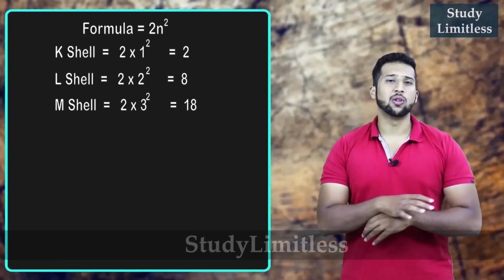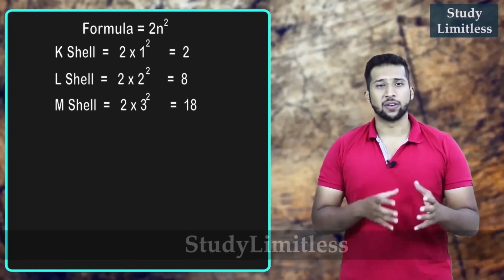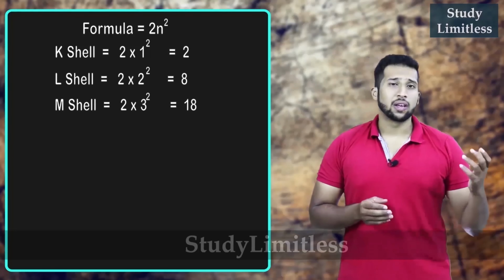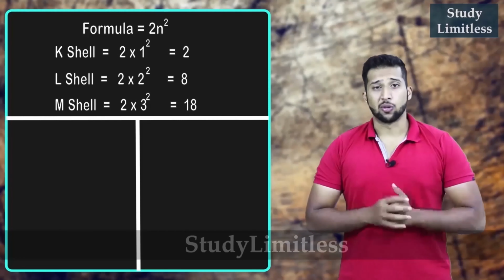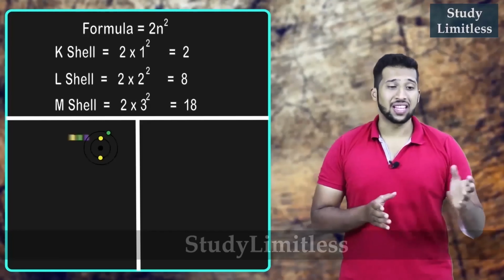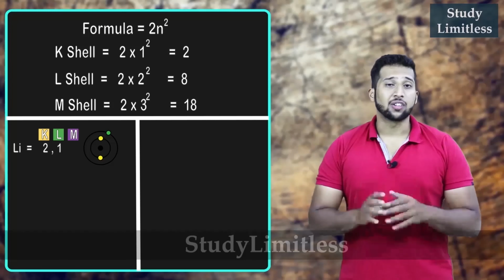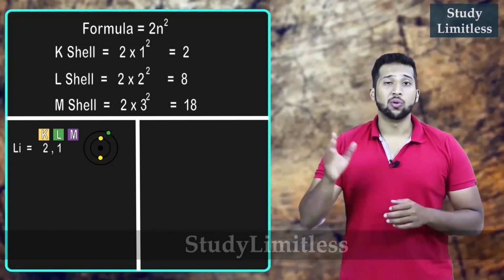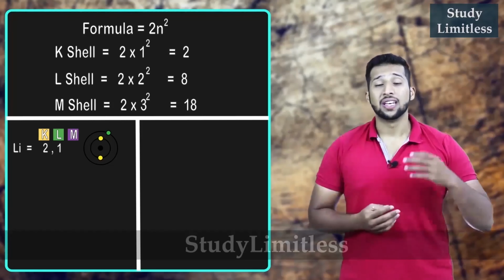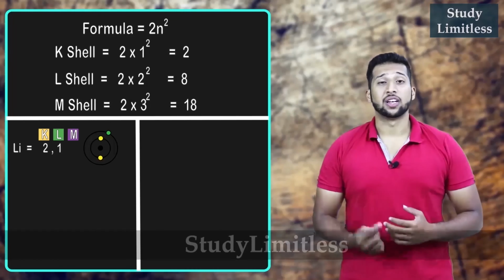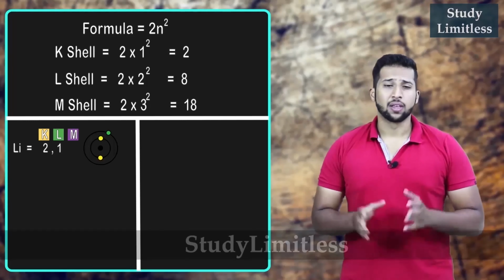So now let's look at a few elements from various groups. The first element in the first group after hydrogen is lithium, with 3 electrons. The electronic configuration is 2, 1, with 2 electrons in the K shell and 1 electron in the L shell.